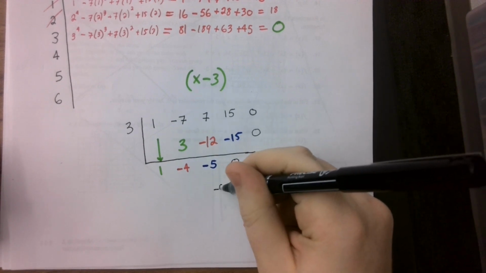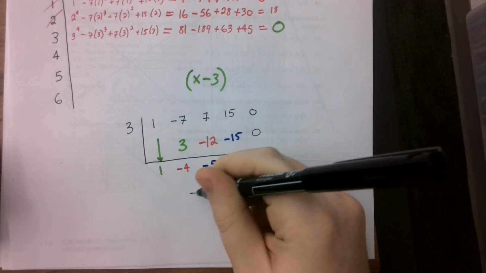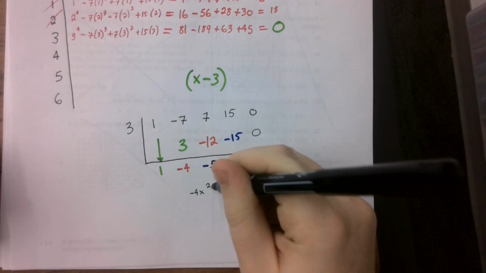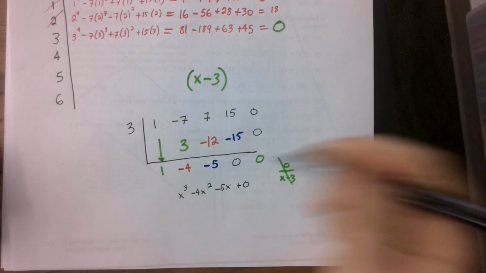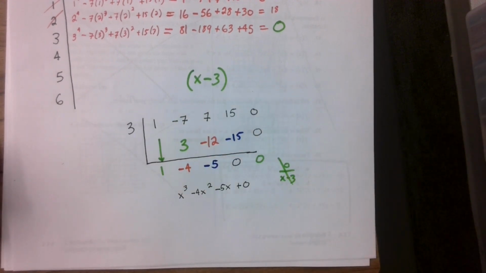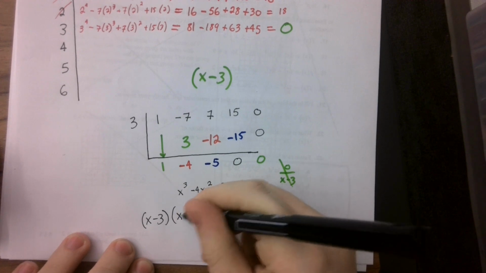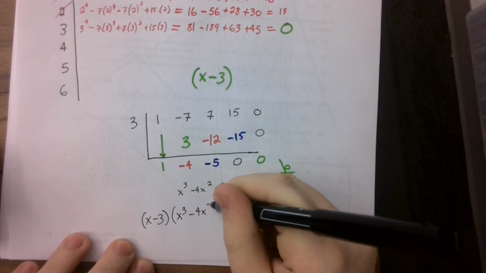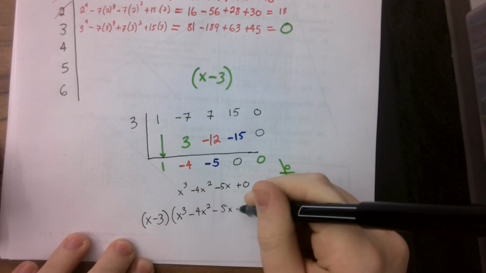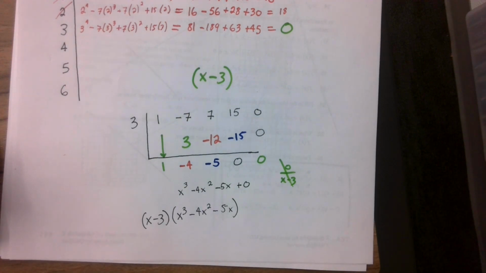We have a minus 5x. We have a minus 4x squared, and we have an x cubed. So our factors are x minus 3 and x cubed minus 4x squared minus 5x, like that.